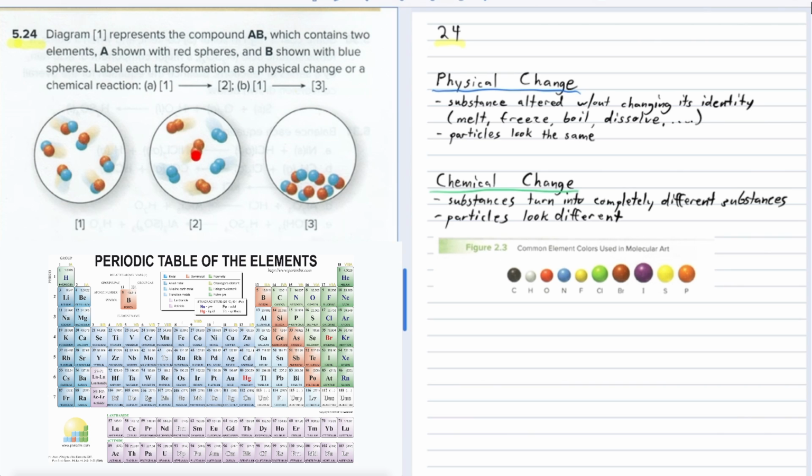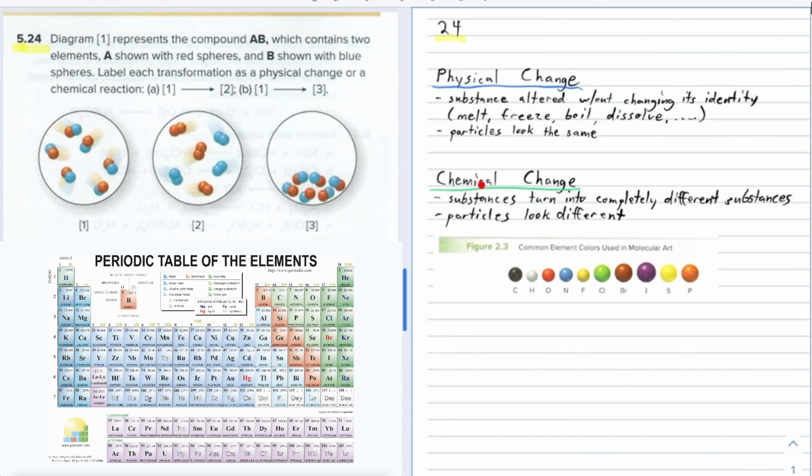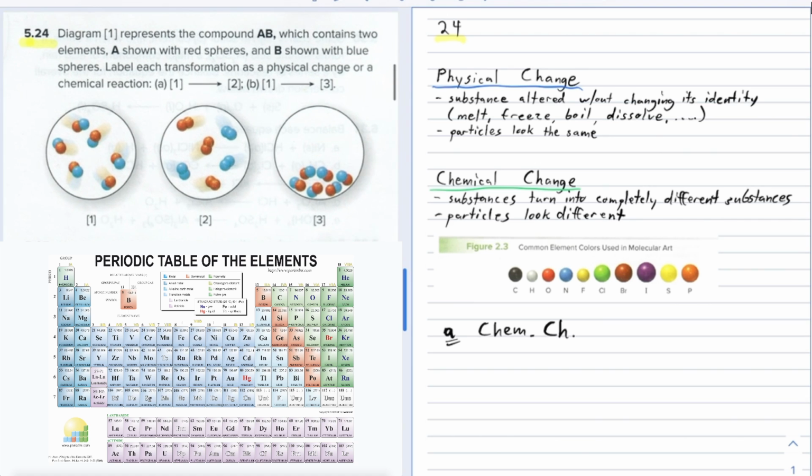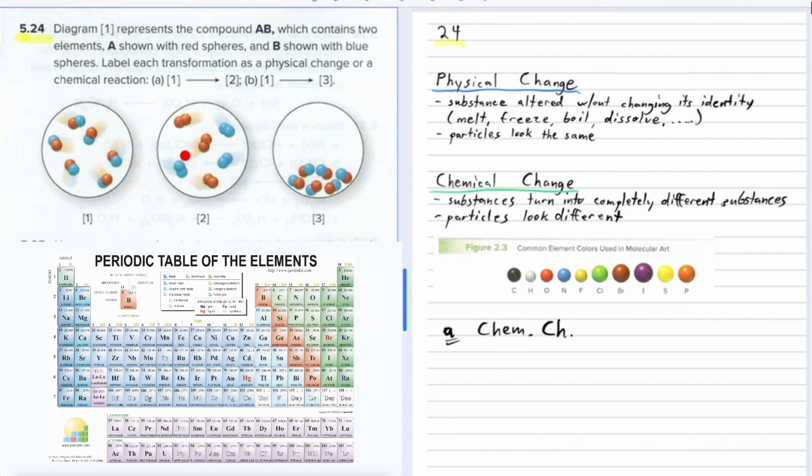The red ones are connected together, and the blue ones are connected together. So this is definitely a chemical change. So I would say transformation A is a chemical change, because, looking at the particles, they look different.